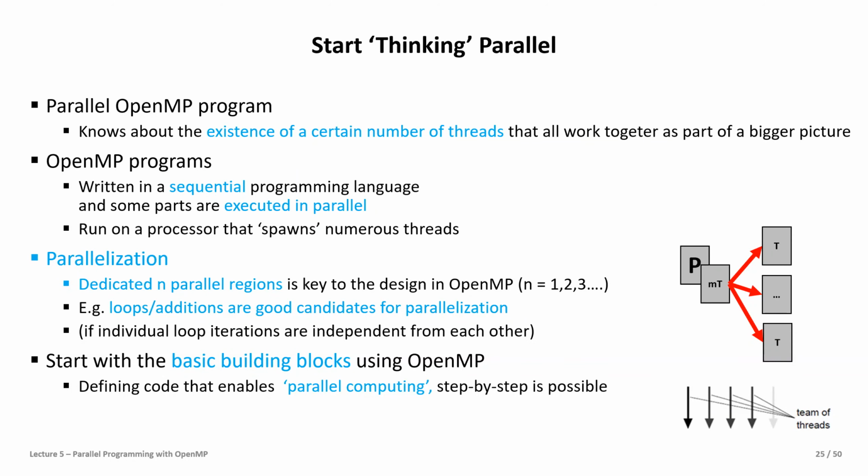The key idea of OpenMP is also to make it a bit simpler, so not to write lots of parallelization statements and do all the programming. Instead, we use something called compiler directives to enable the compiler to change things in the application.